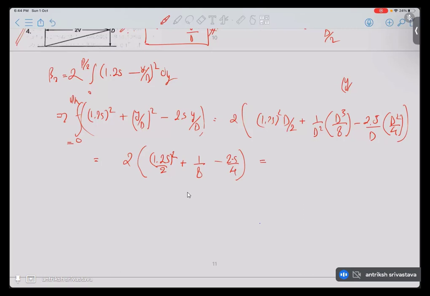We have 0.5625 for beta 2. Is this clear how we are getting this?